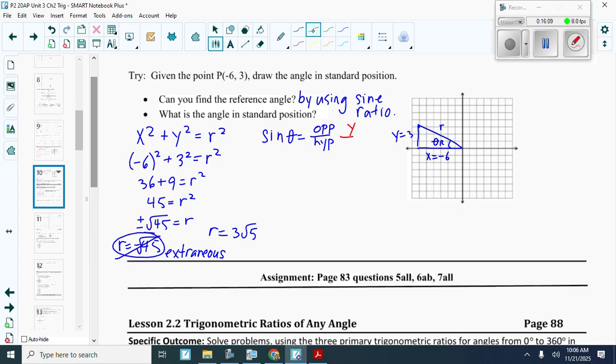R. We're going to start using y over r for sine instead of opposite over hypotenuse. They're the same thing. You can still call it that in your brain, but we're going to start writing y over r. So what's cos going to be? Instead of adjacent over hypotenuse, it's going to be x over r. And then tan, instead of opposite over adjacent, it's going to be y over x. You see where we're going?